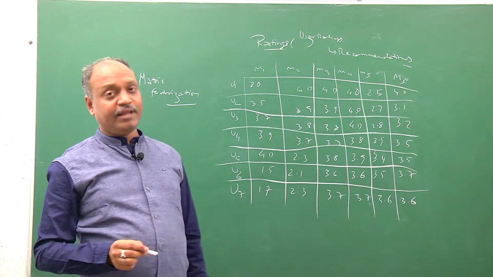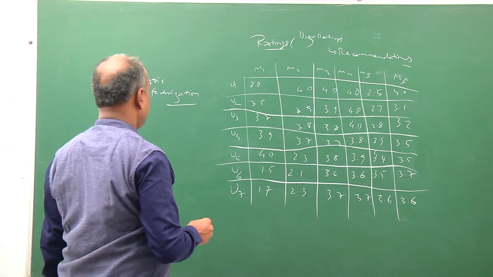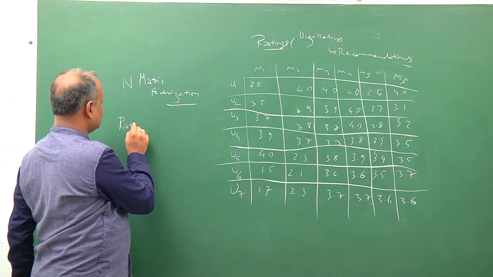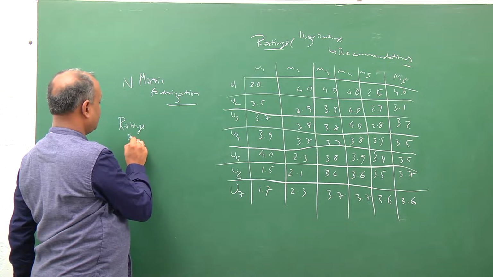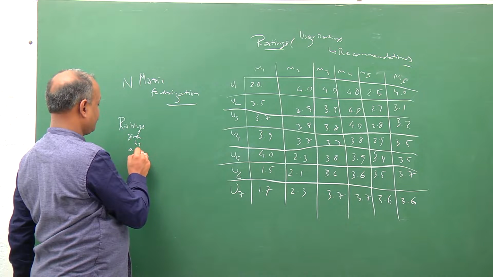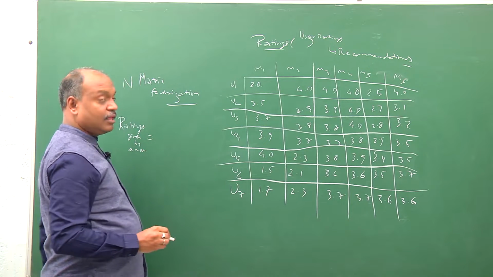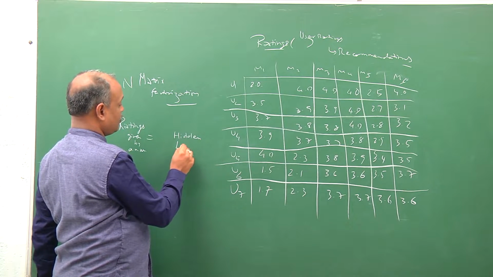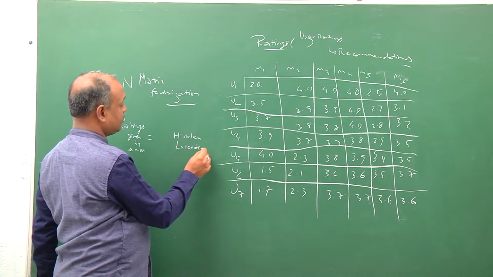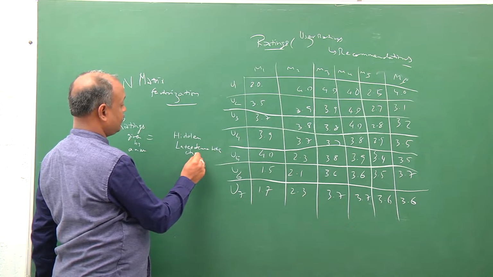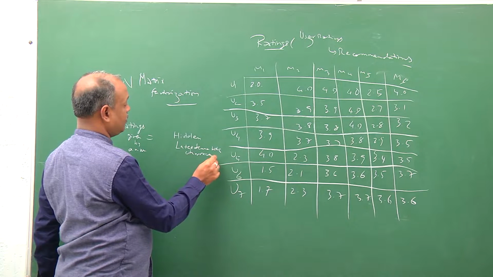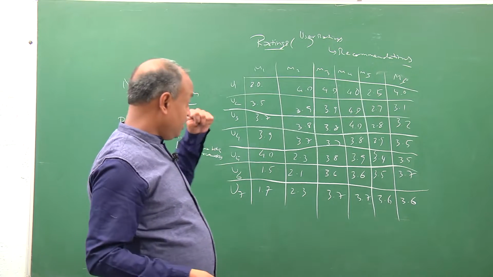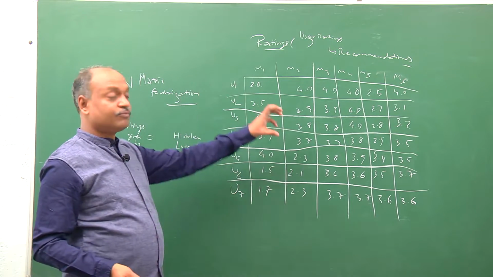This is an interesting technique where we assume that the ratings given by a user is based on some hidden characteristic, or what we call latent semantic characteristic of the objects, maybe the movies, which is making users base themselves to give such a rating.